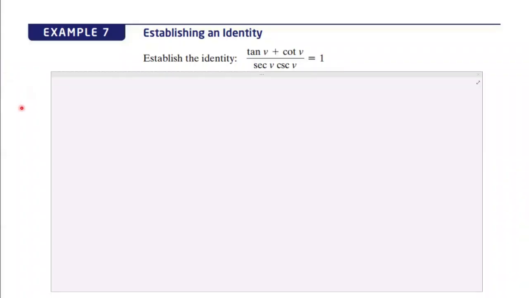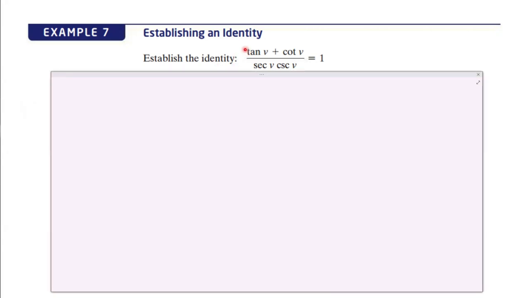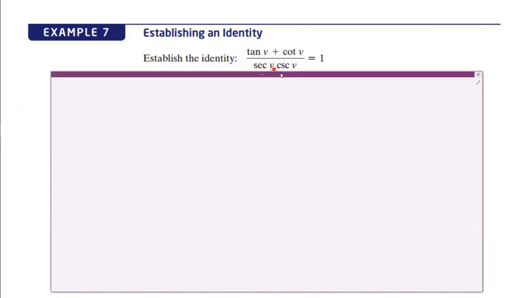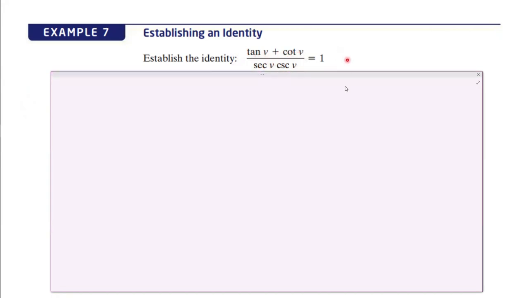Okay, for this example, I want to start by rewriting everything in terms of sine and cosine. So this is what we start with, the tangent v plus cotangent v on top and a secant v times cosecant v on the bottom. So we're going to rewrite the tangent v as sine v over cosine v.